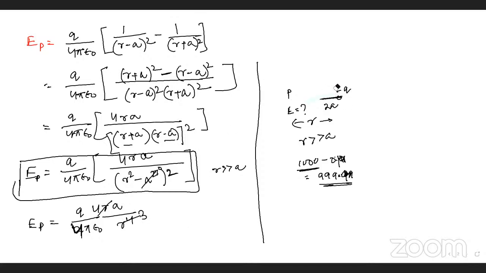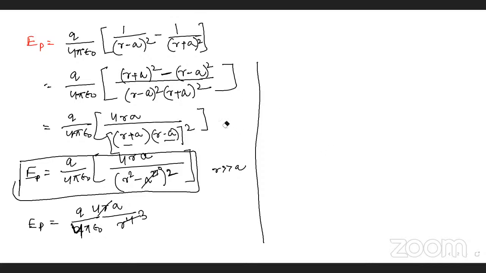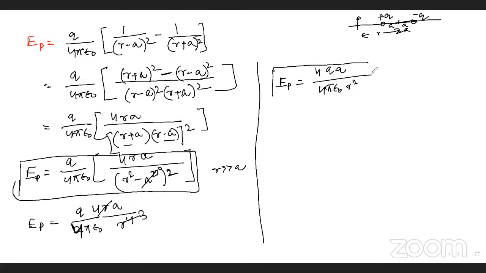So the final expression for the electric field due to a dipole of length 2a at a point on the axis at distance r from the center is 4qa by 4 pi epsilon naught r to the power 3. This is what we got as the electric field.